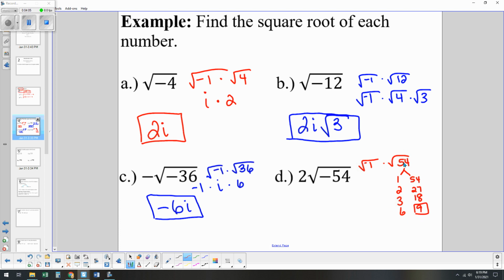So that means this is really written as square root of 9 times square root of 6, with our square root of -1 out front. So i and 3 are 3i, and we keep the square root of 6. And now when I multiply here, I'm just going to multiply these parts because they're the only like terms, right? This is in a radical, so it can't be touched. So this is going to be 6i times the square root of 6.